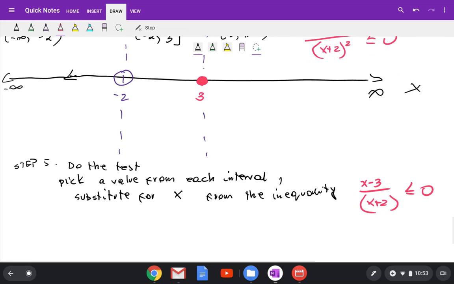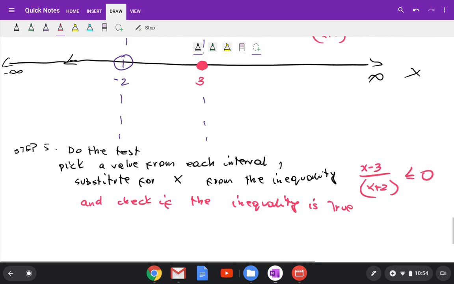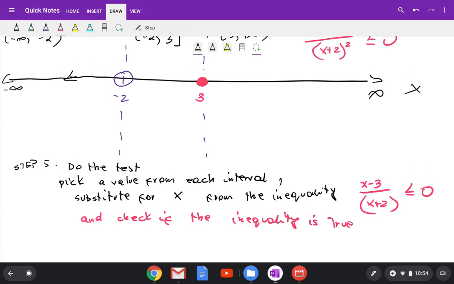So do the test, pick a value from each interval, substitute for x from the inequality, and check if the inequality is true. Okay, if yes, of course, that interval will be the solution.